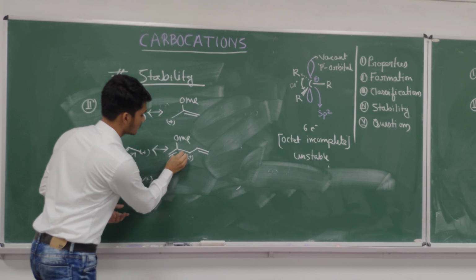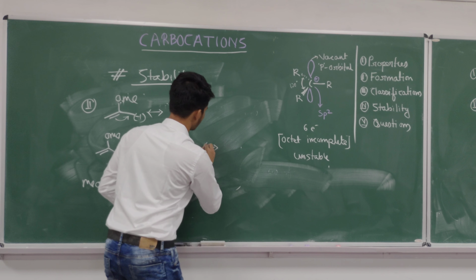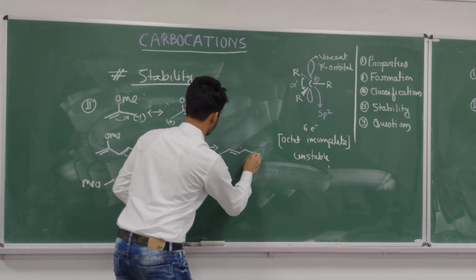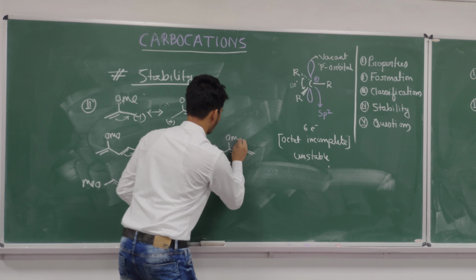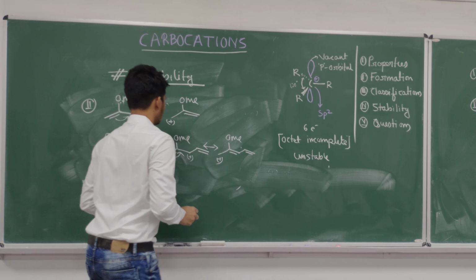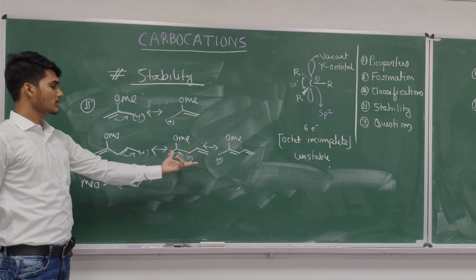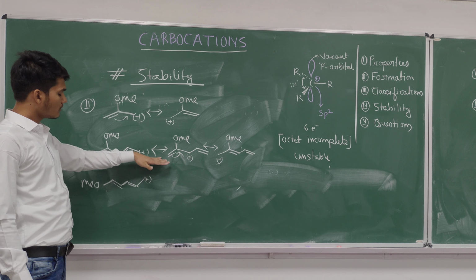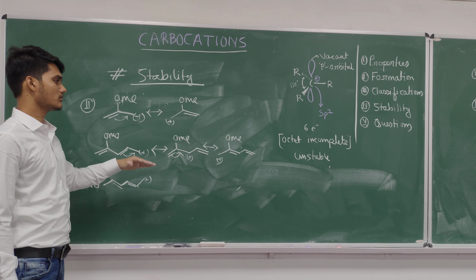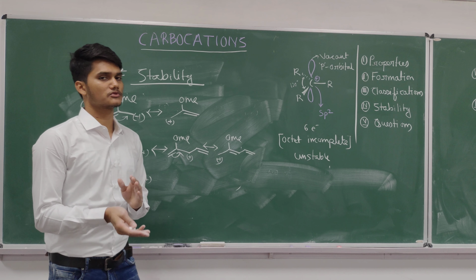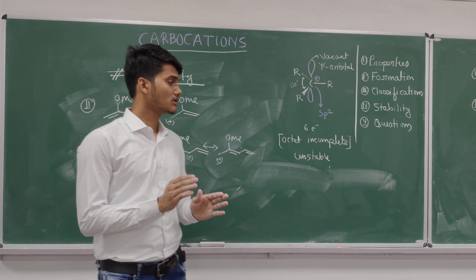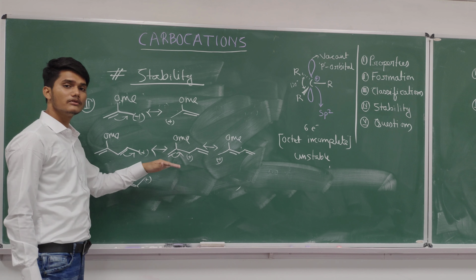This pi electron can be delocalized like this, so we have another resonating structure. So in the second compound, it has 3 resonating structures. So the second compound is even more stable than the first one, because again the stability is directly proportional to the number of resonating structures. So the second compound is even more stable.